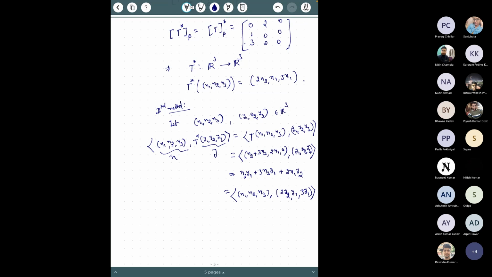From here, you can immediately say, because this is true for all x, y in R3, that T star of y1, y2, y3, if you define T star in this way, equal to 2y2, y1, 3y1, is actually an adjoint of T. So you can see that it is the same thing as we found using the matrix representation.